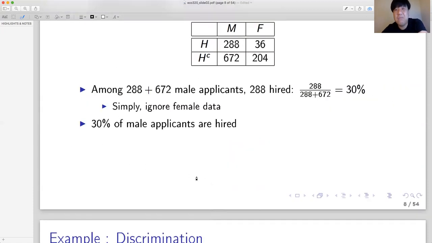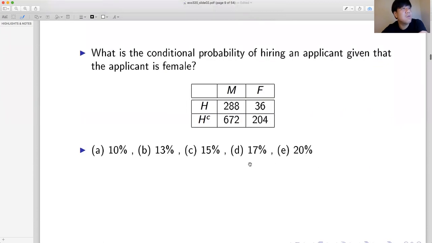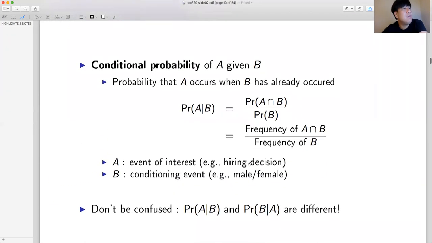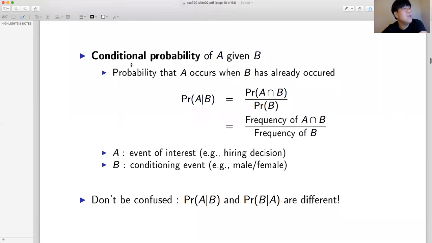So maybe there is some evidence, but that is how we use conditional probability. The conditional probability of A given B is how you write it in terms of notation: probability of A given B, where "given" is the notation for conditioning on B. So conditioning on B occurring first, what is the probability of A?